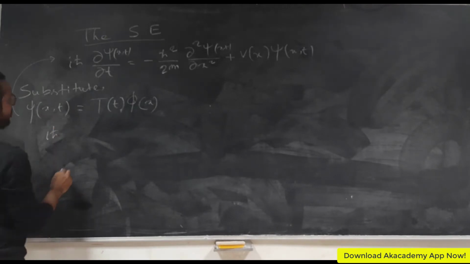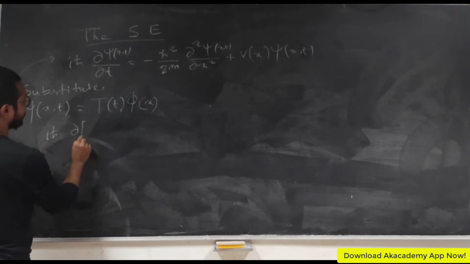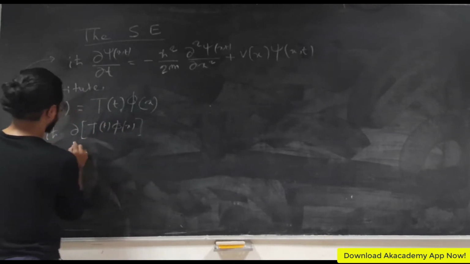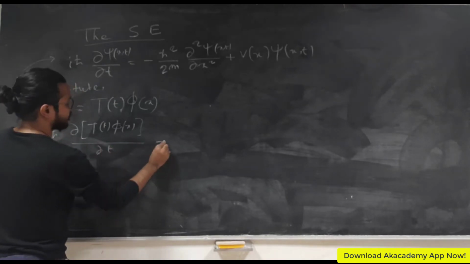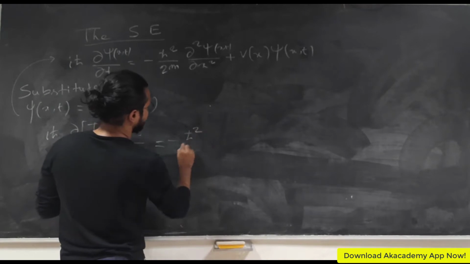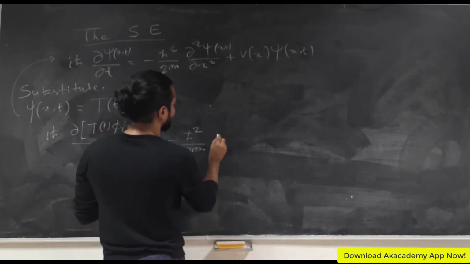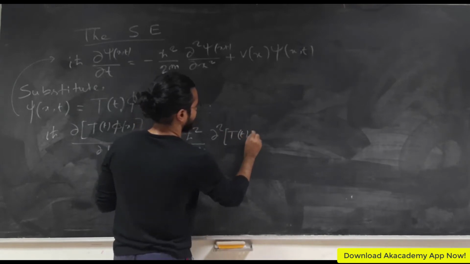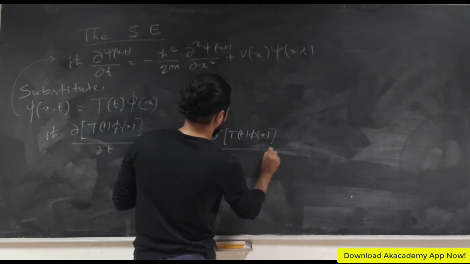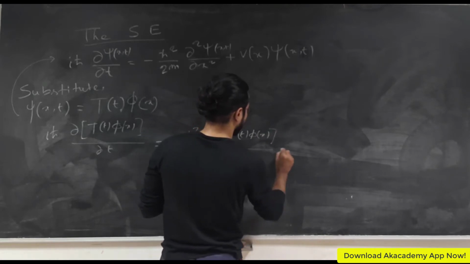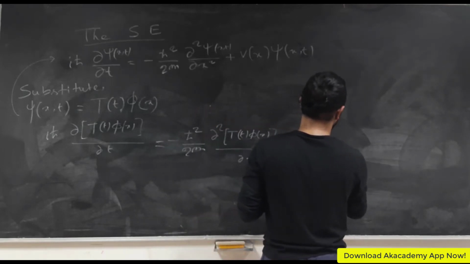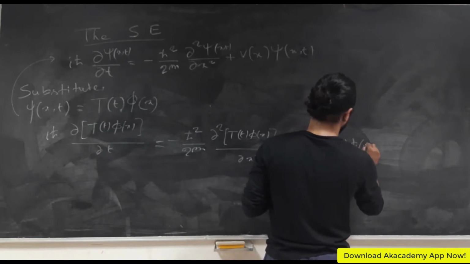i h bar del over del t of T phi of x equals minus h bar squared over 2m del 2 of T as a function of t, phi as a function of x, divided by del x2, plus V of x T as a function of t and phi as a function of x.